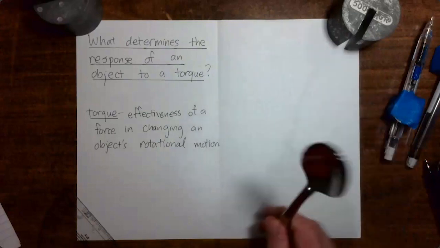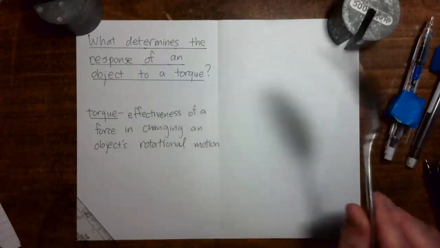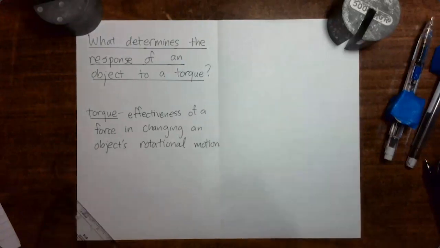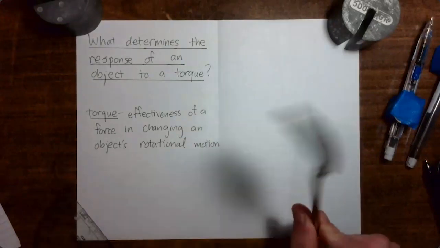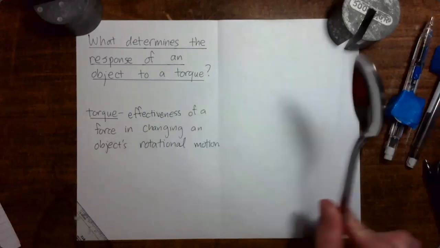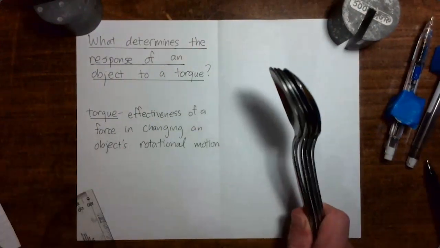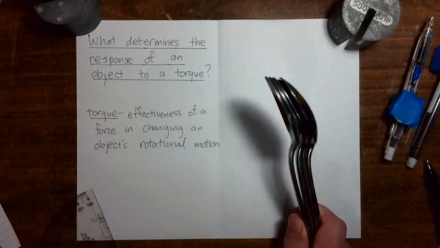Okay? And you can see, or better yet, tell by your own experiment, that when I'm doing this with just one spoon, it's fairly easy to get that rotational motion to repeatedly go back and forth from clockwise to counterclockwise and so forth. Now, let's try the experiment with a stack of multiple spoons.